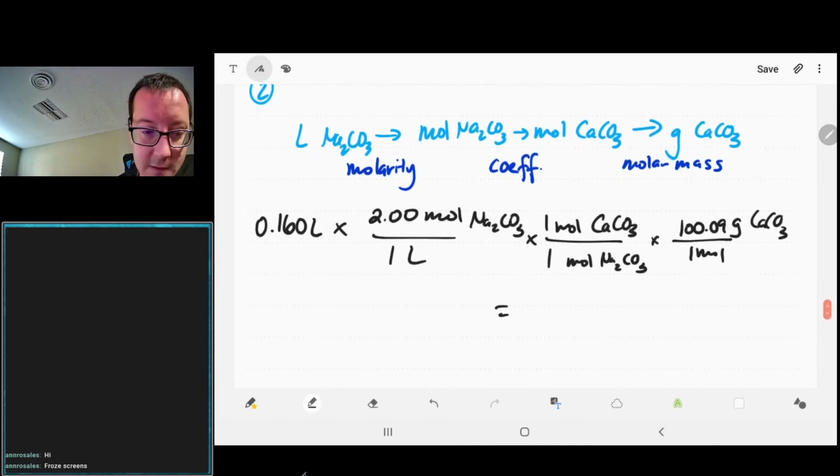Doing all this fun stuff, let's bust out our calculators. Doing this, we get 32.029 grams.